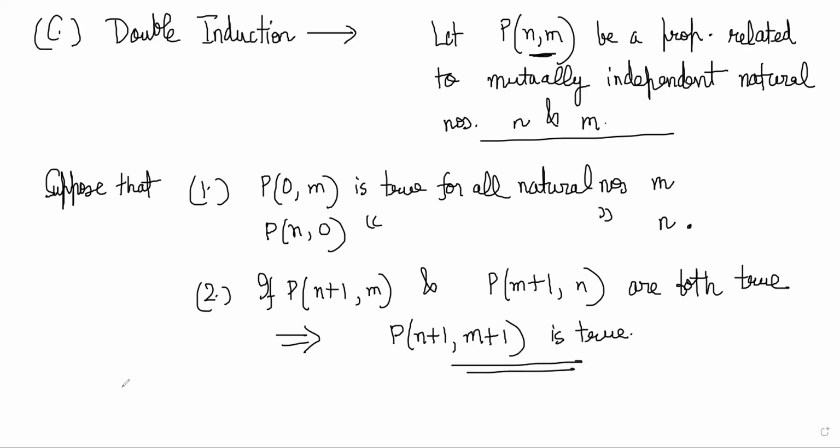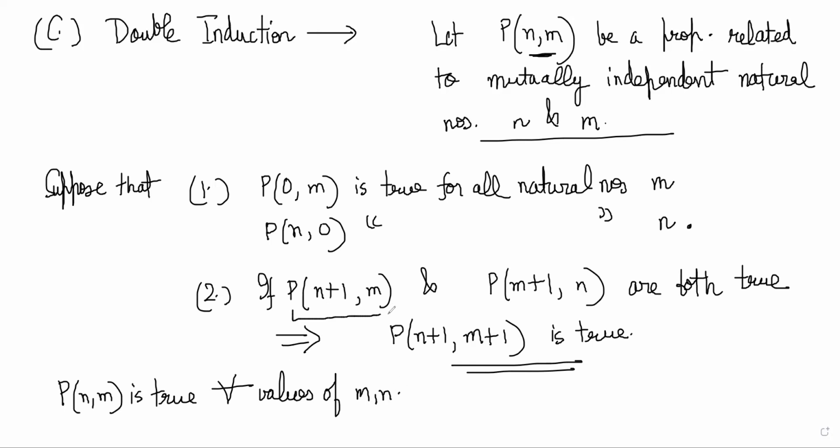So this is the induction step here. Then P of n, m is true for all values of m and n. So you assume the truth of P of n plus 1, m and P of m plus 1, n. And from there you have to prove that P of n plus 1, m plus 1 is true. Right? So this is your double induction method.